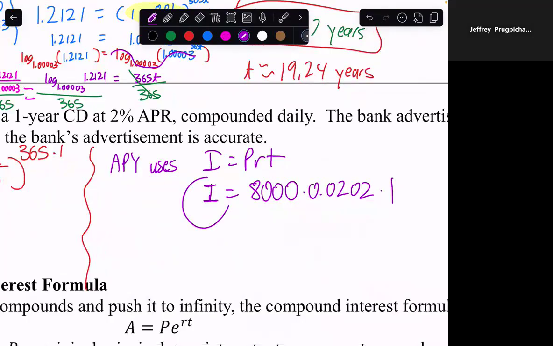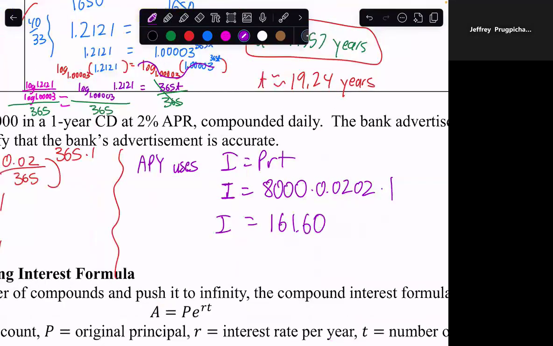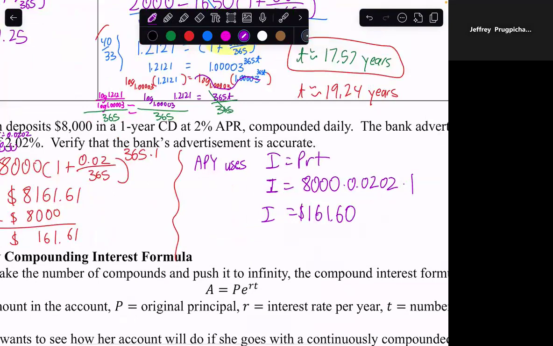Again, the unknown is already by itself, which is great. We just need to type the right side into our calculator. 8,000 times 0.0202 times 1. Oh, sorry, I mistyped it. $161.60.